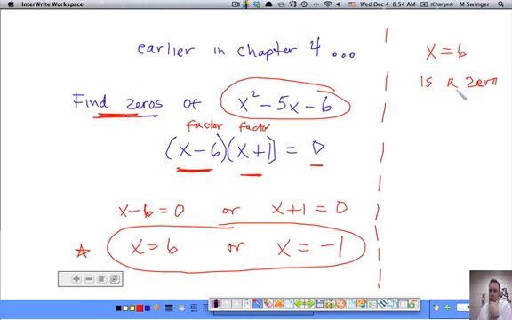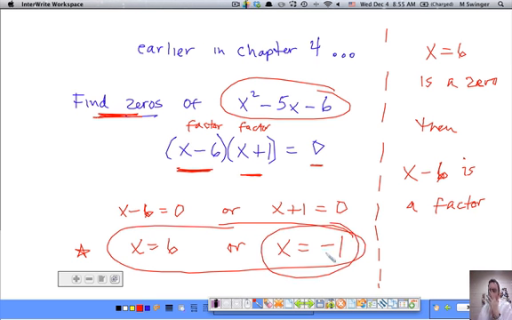If x equals 6 is a 0, then x minus 6 was a factor. You see that? If I said x equals negative 1 is a 0, then what was the factor? Well, look, x plus 1 was a factor of this.